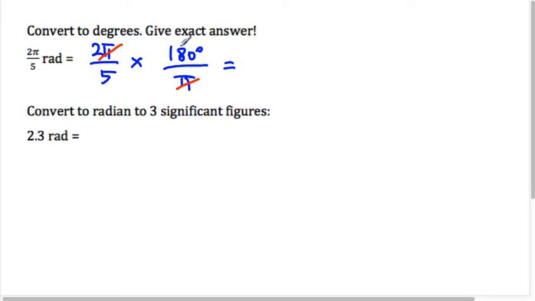So then you will have 2 times 180 divided by 5. So then you will have 360 degrees divided by 5, which will give you 72 degrees. So that's what you have, when you are asked to give an exact value. So we use this 180 over pi.